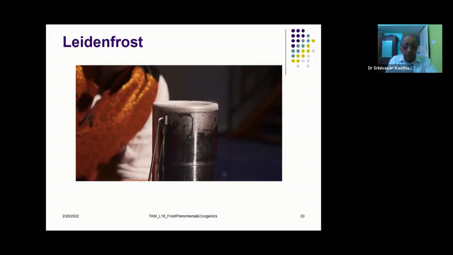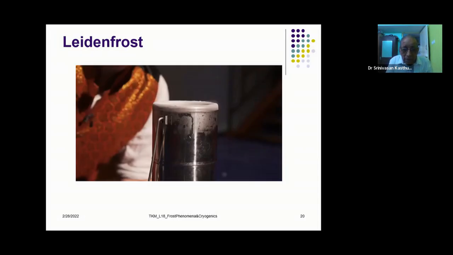At low temperatures, the water actually sticks onto the hot plate. Whereas at high temperatures, when the hot plate is sufficiently heated up, the water does not stick onto the surface. Water breaks into fine droplets and tries to run away from the surface.